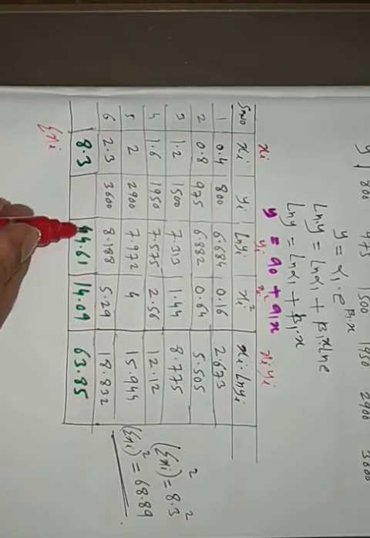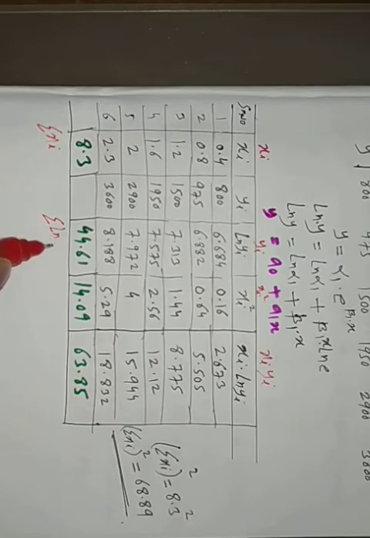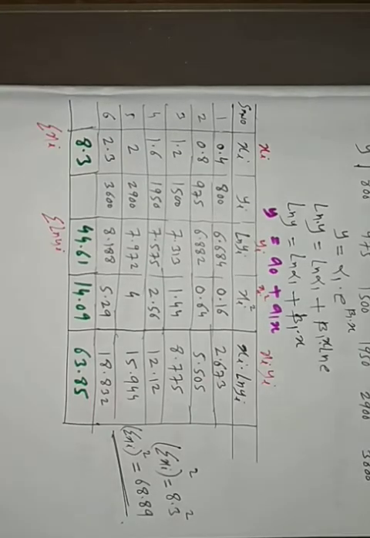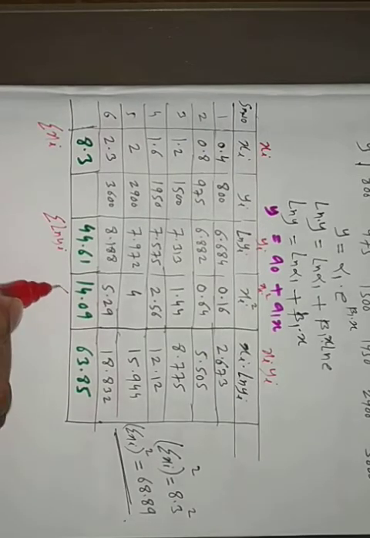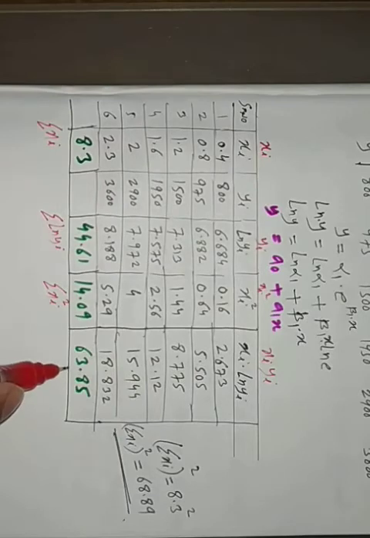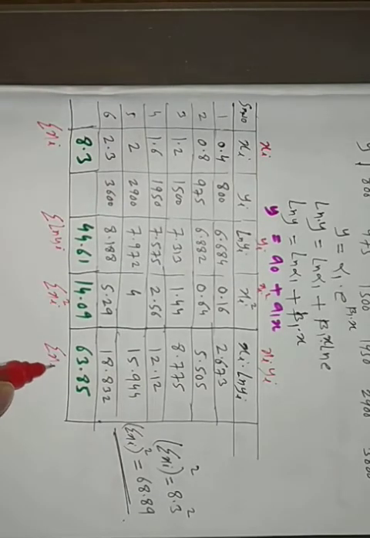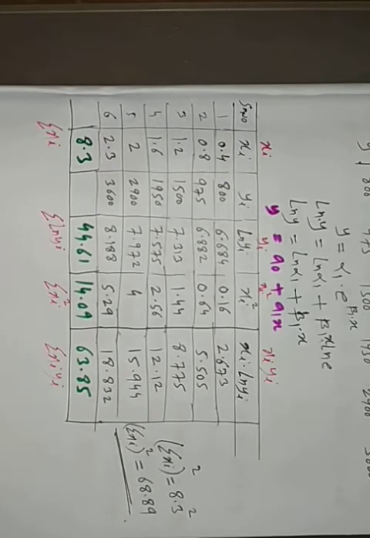What is this? 44.61. It is summation of ln yi, and this one is summation xi square, and this is summation xi yi.